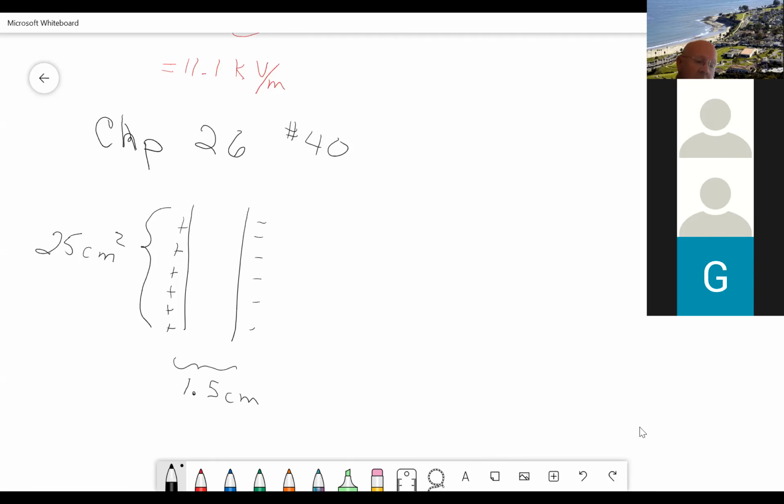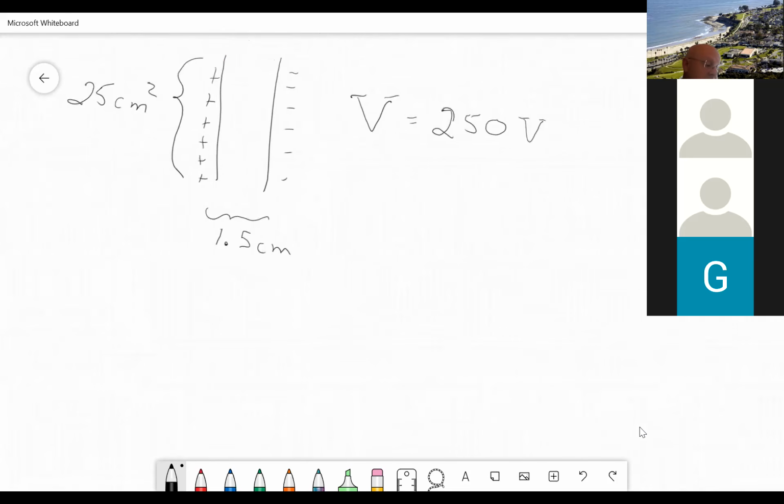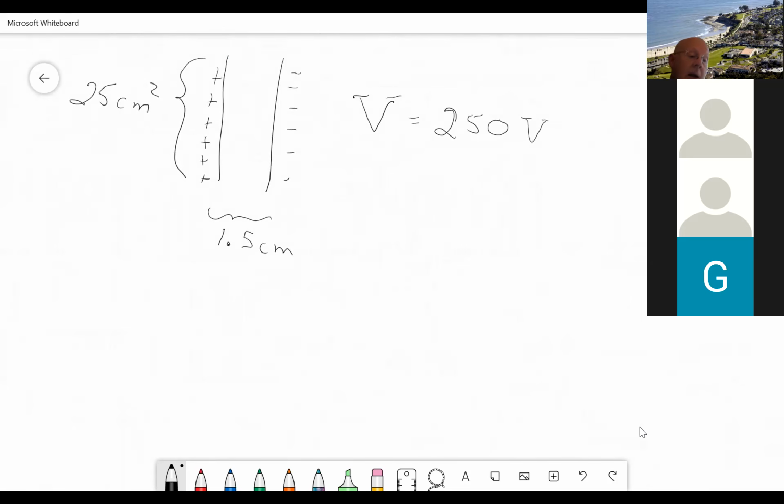All right. But they gave us not only what I'll call the geometric factors, the area and the separation between them, but they said they've hooked it up to a pretty good power supply that can supply 250 volts. And in A, they ask for the charge, and they say both before and after.